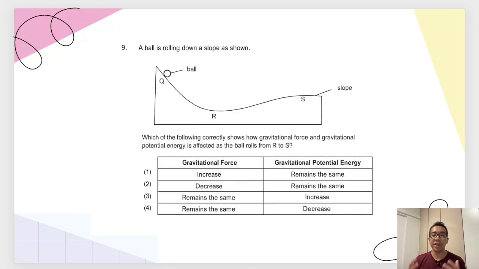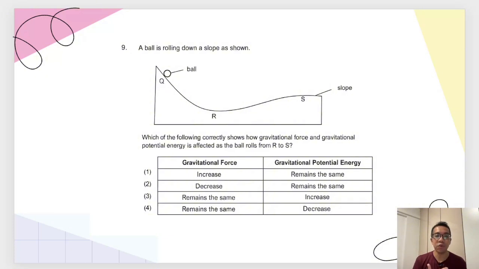So let's take a look at the question again. The question is asking from point R to point S, what are the changes to GF and GPE? We talked about the formulas earlier. So gravitational force technically will not change because A, we are still on Earth.